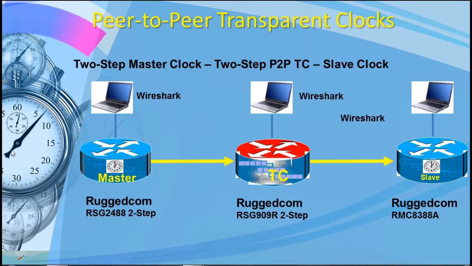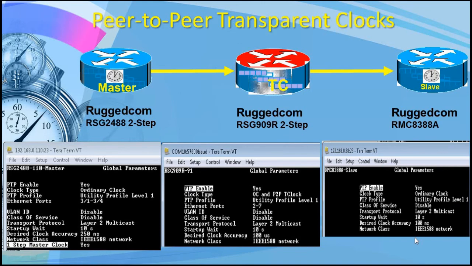There is another example for the two-step transparent clock, if the grandmaster is running as two-step. We are still using three devices: the Ruggedcom RSG2488 two-step grandmaster, the Ruggedcom RSG909R two-step transparent clock, and the Ruggedcom RMC8388 slave clock. Here is the configuration.